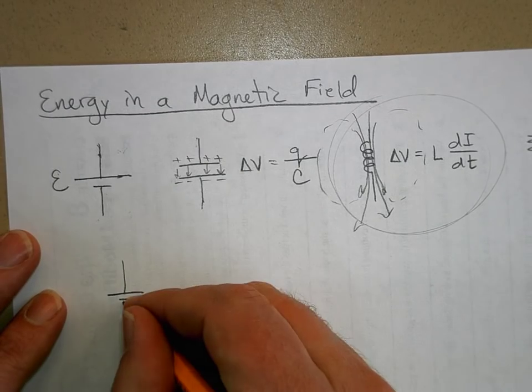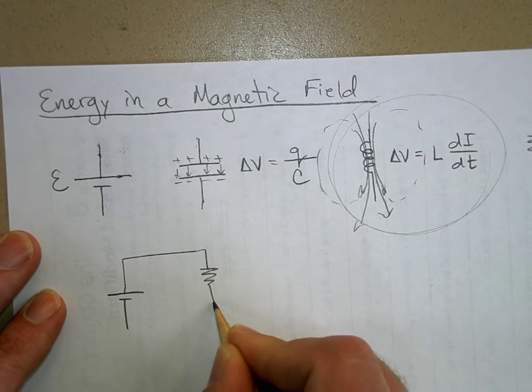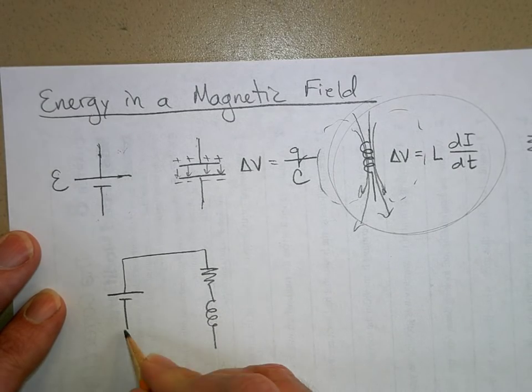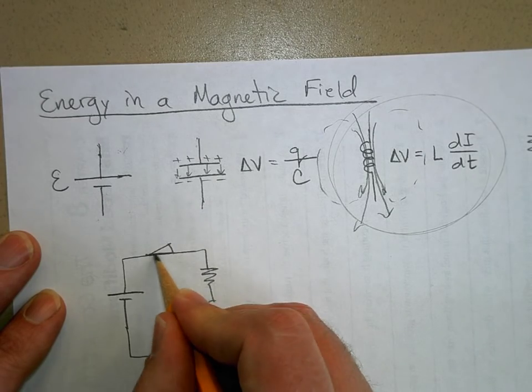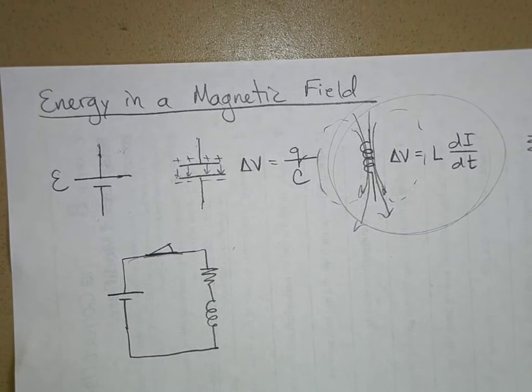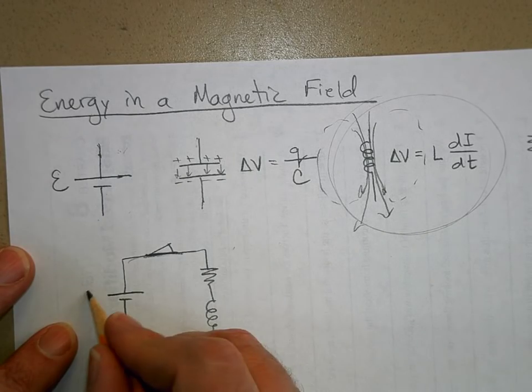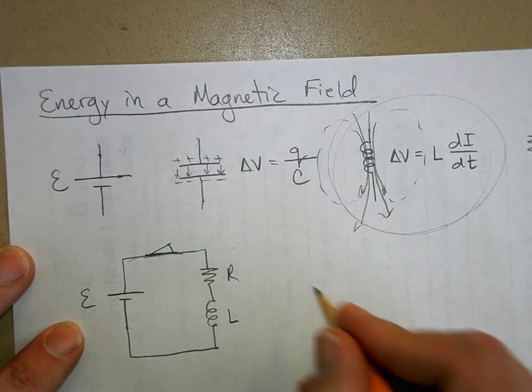Okay, now let's go to an RL circuit, so here's the R and here's the L. And when I take a switch and I close the switch, I get a rush of current through it. And we said that, well, I've got this guy here.